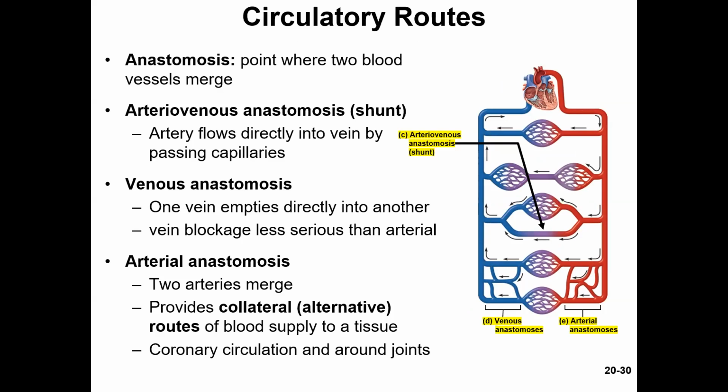Vein blockage is less serious than arterial blockage. Arterial anastomosis is when 2 arteries merge, provides collateral or alternative routes of blood supply to a tissue. This happens in the coronary circulation and around joints.